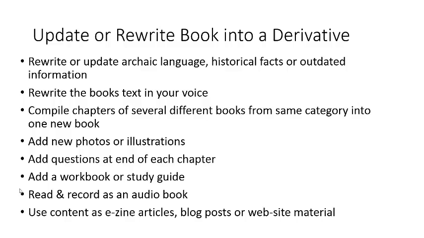It can be a thematic book where maybe you find 10 old magazines that are talking about photography, and you take one article from each magazine and compile a new book all within the same theme but with different articles by different authors, and you make that a book. That is a new book that is your work, and it is certainly a derivative, and it's a cool way to do a book.